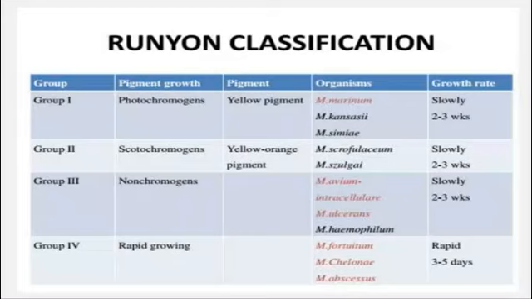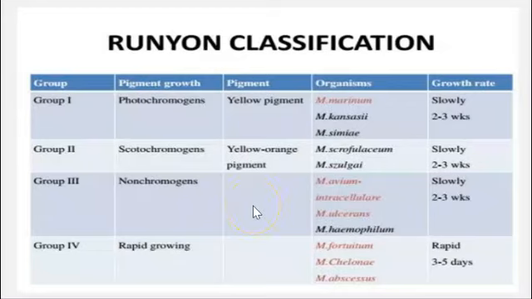You have group 1, which is your photochromogens, which produce that yellow pigment, and these are your slow growers. We've got a couple different species that we talked about that fall in that group 1. I don't believe we talked about any that fall within group 2. Group 3, we've got at least one species there that we talked about.